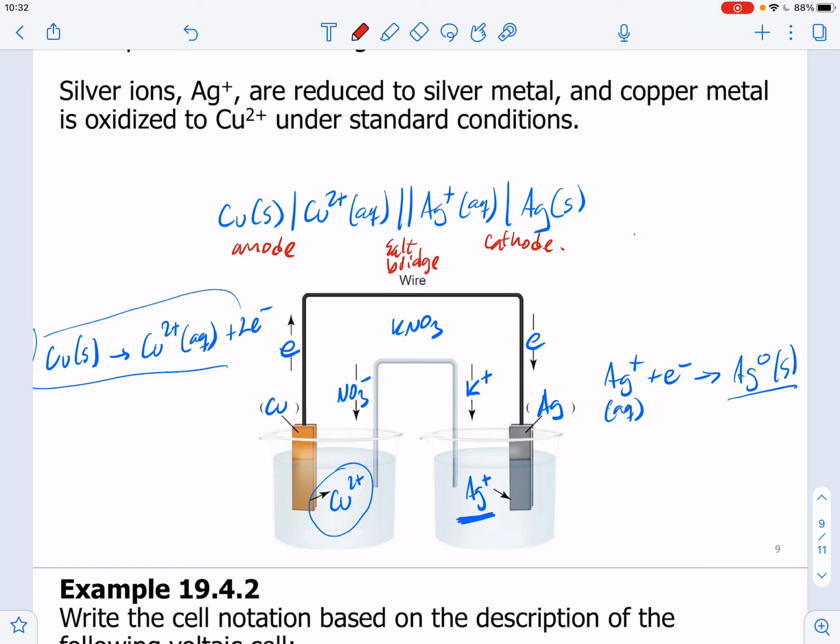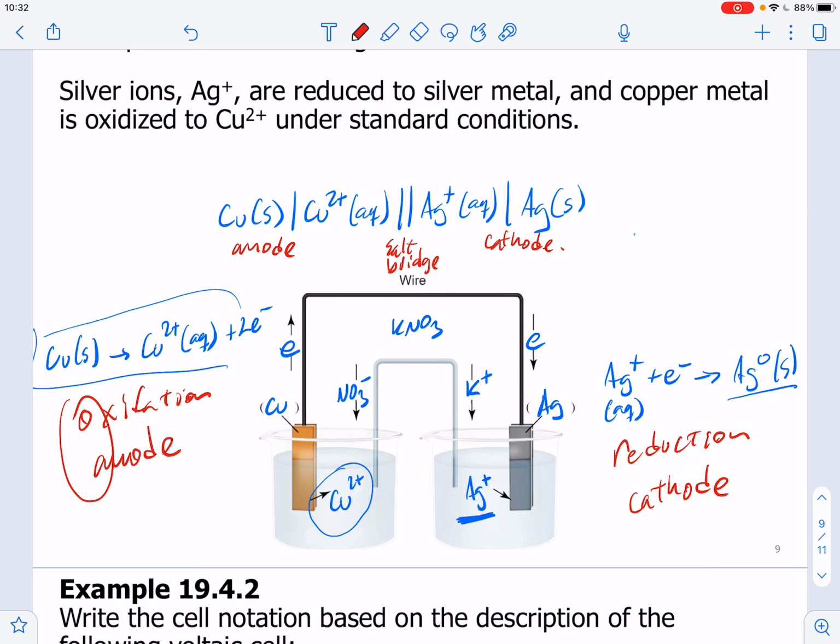Remember that the oxidation happens in the anode, once again, the vowels, and the reduction happens in the cathode. Okay, here the consonants. All right.